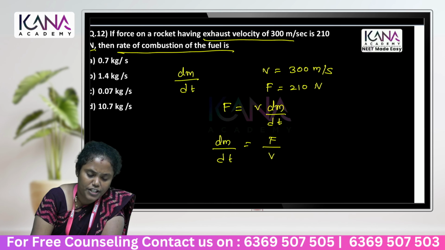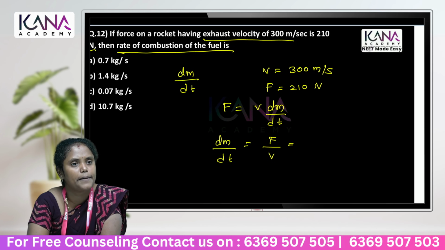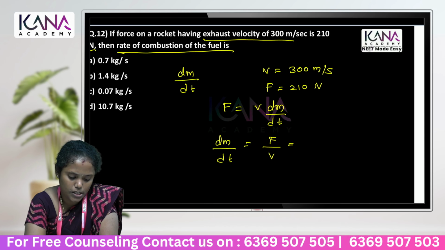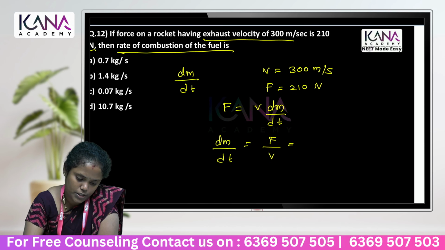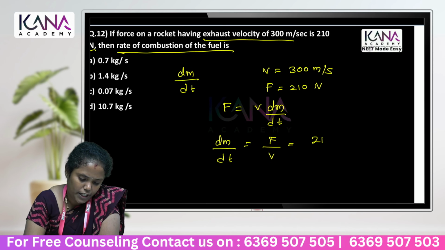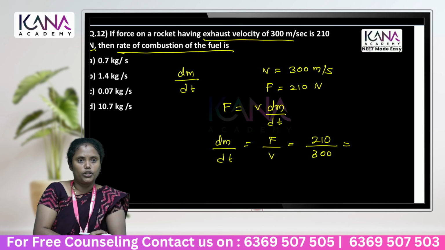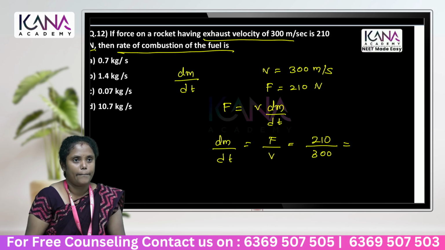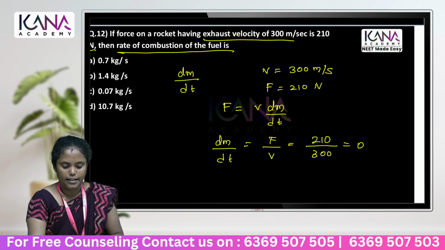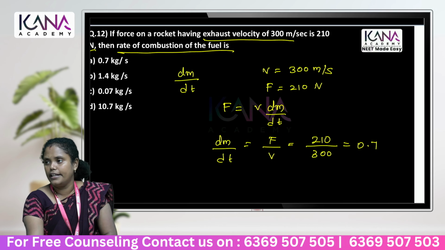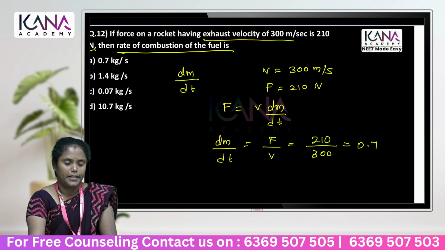It is F by v. F by v is 0.7. Yes, 210 by 300. Option A. Yeah, 0.7.